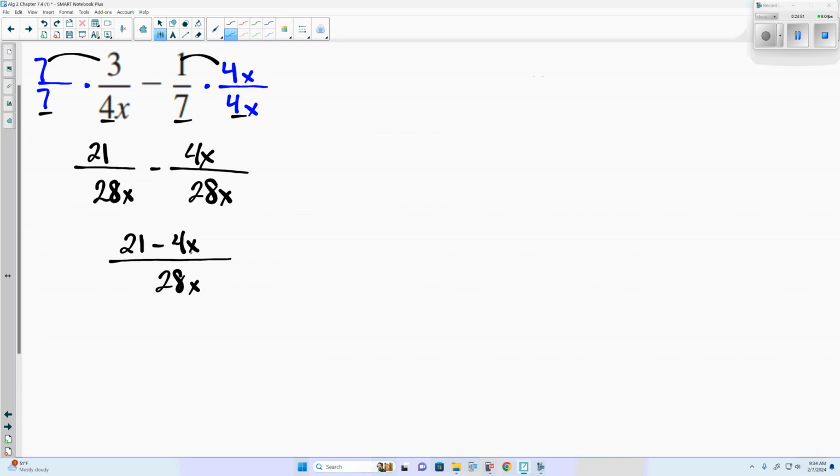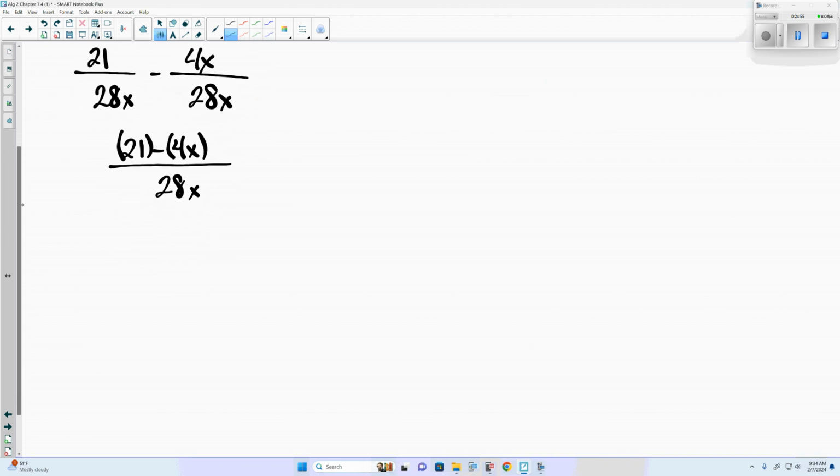Here, I can go on and put them, and I'll show you this here. Well, then when we drop them, we get back to here. So if we put the parentheses, then we remove them, we apply the negative to the 4x, and we're back where we were. Does that make sense?